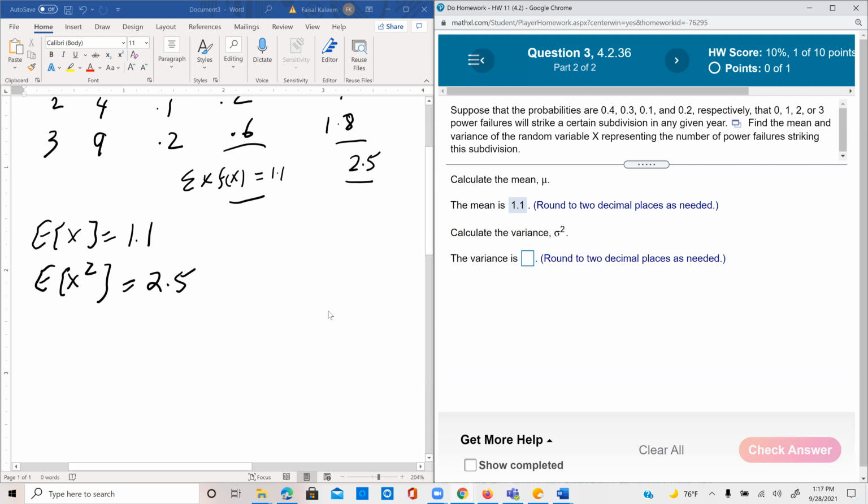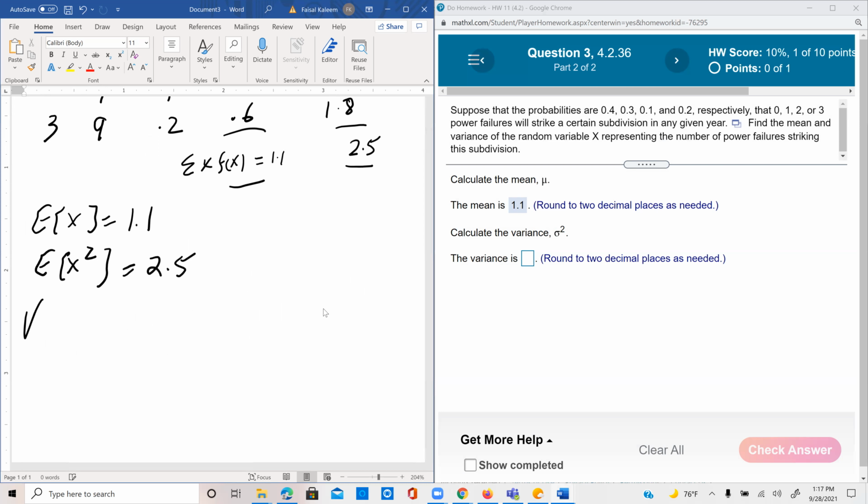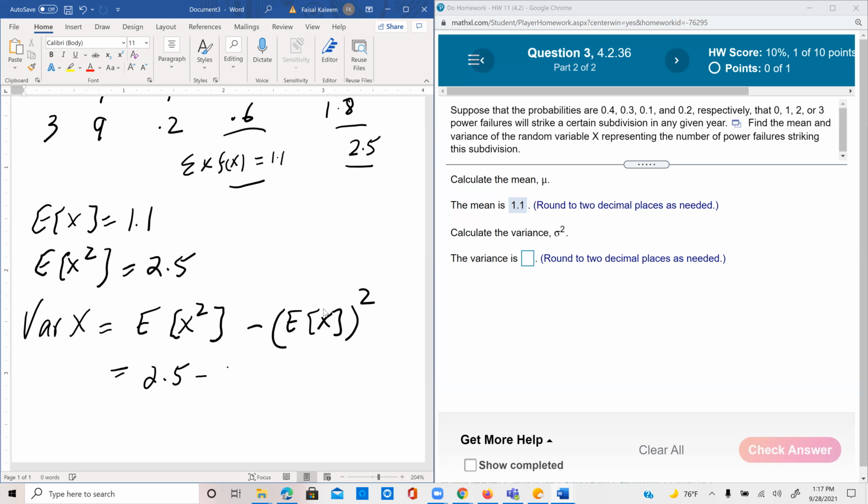And then the variance of x, we know, is E of x squared minus E of x whole squared. It's 2.5 minus 1.1 squared. So that should be 2.5 minus 1.21, so 1.29.